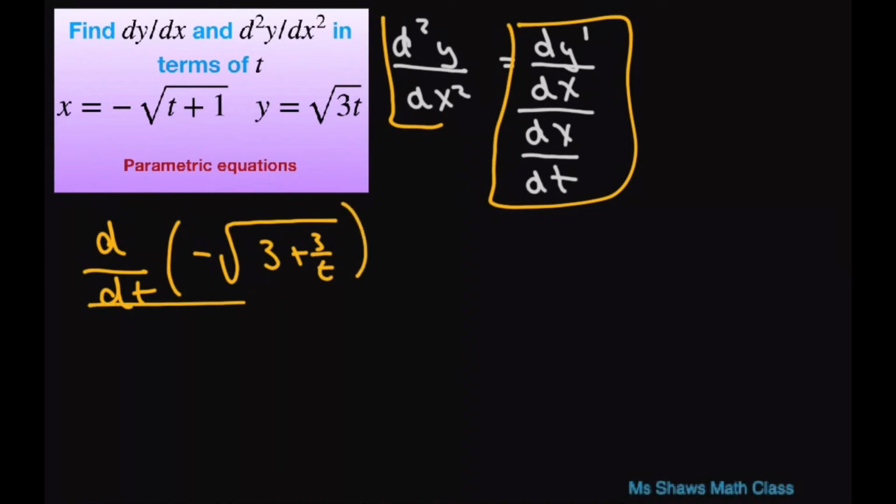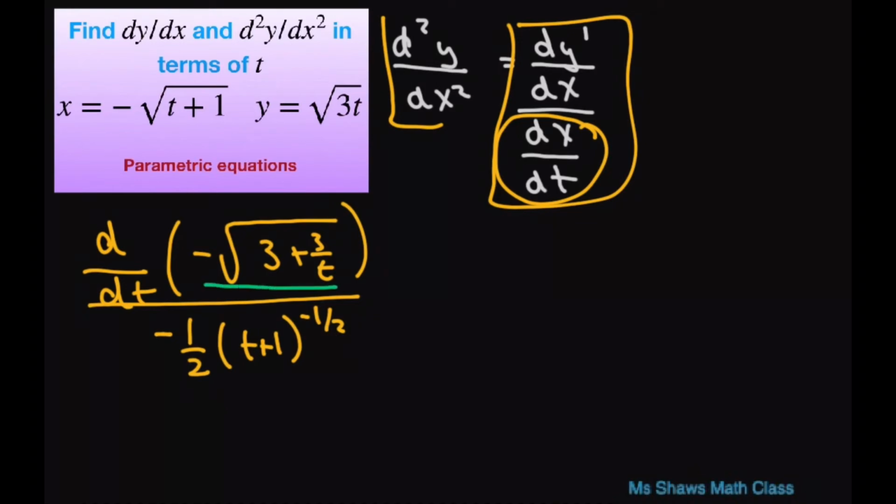All right, and then we already did this part, the derivative of x with respect to t, which was negative 1/2 times t plus 1 to the power negative 1/2. All right, now let's go ahead and differentiate that. This is going to equal negative 1/2 times 3 plus 3 divided by t to the power negative 1/2.